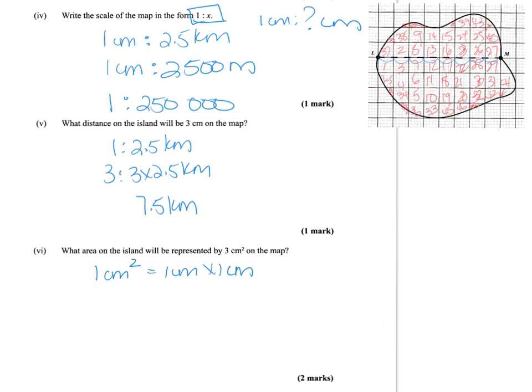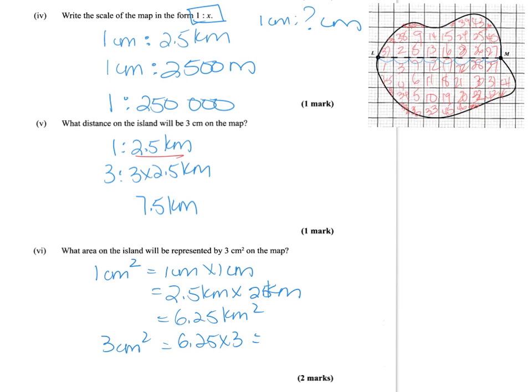We know that 1 centimeter is 2.5 kilometers, so it would be 2.5 kilometers by 2.5 kilometers. 2.5 multiplied by 2.5 gives us 6.25 kilometers squared. If 1 centimeter squared is that, then 3 centimeters squared would be that multiplied by 3. So 6.25 multiplied by 3 gives us 18.75 kilometers squared.